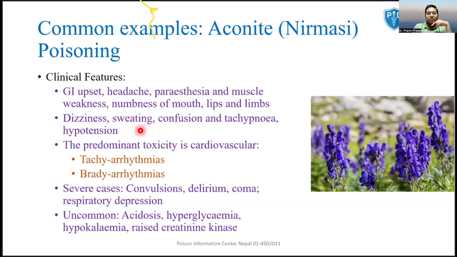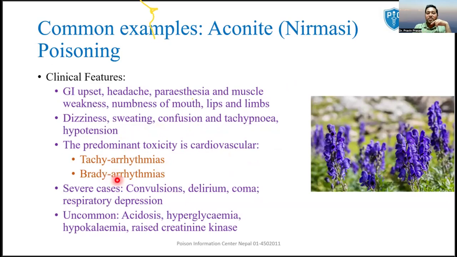The one thing that we want to check here would be the cardiovascular toxicity. Normally, if a person has consumed some flowers or the stem or other parts of the plant, the person will land up with tachyarrhythmia, which is a very common presentation. But if the person has taken some roots or unprocessed roots, in that scenario, the person can land up with bradyarrhythmia.